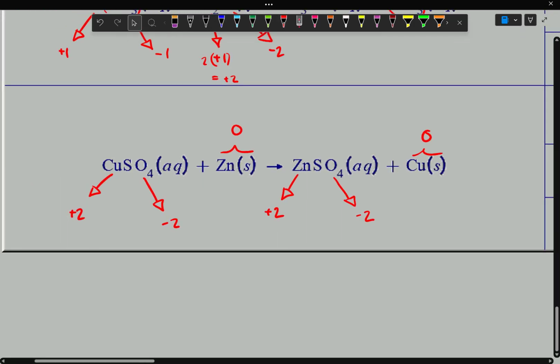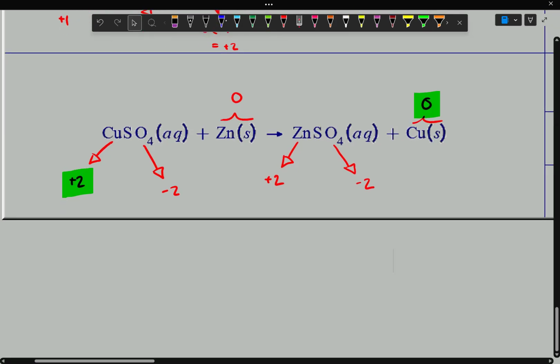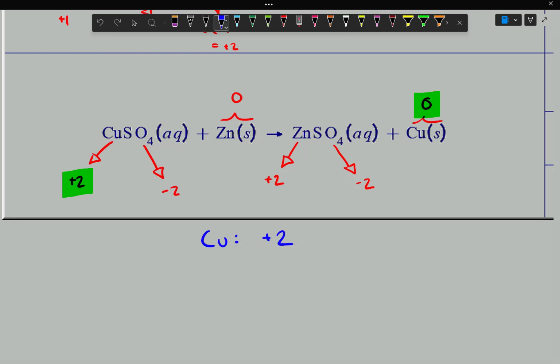So if we sum this up, we can see that copper on the left is +2, and copper on the right is 0. So we have something going from a positive +2 charge, and it is going down to 0, which means copper is the thing being reduced.